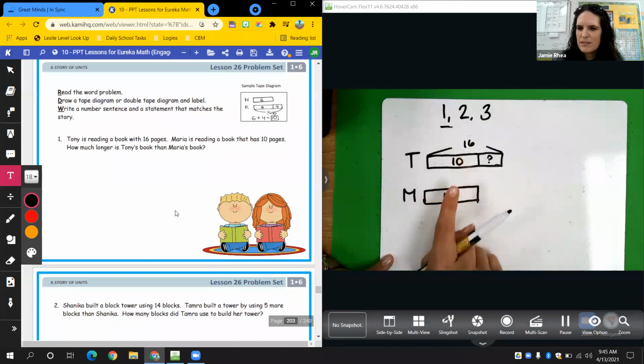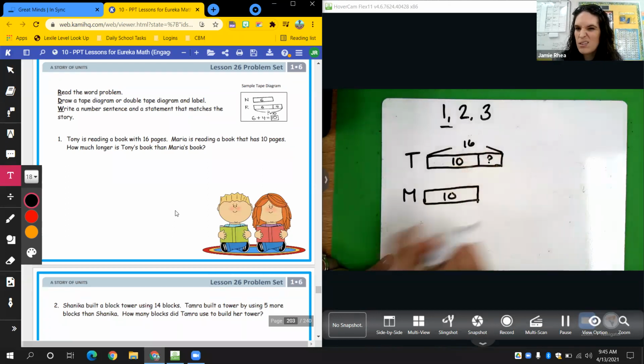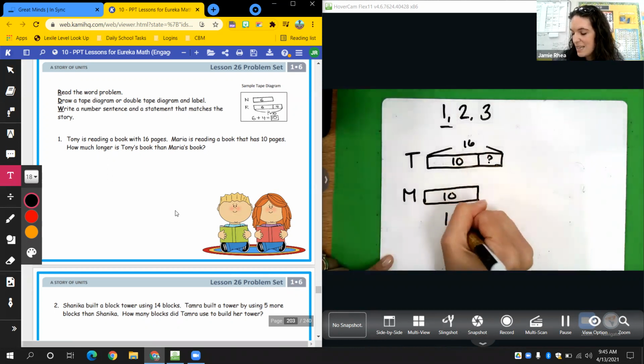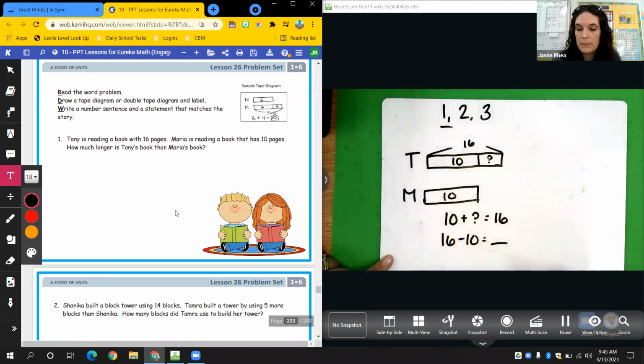We know that they both have 10 at least, but Tony read more. So how can I solve that? Well, I can say 10 plus something equals 16, or I could say 16 minus 10 equals something. I know that if I take 10 away, 10 less than 16 is going to be 6, because I'm just taking my 10 away.